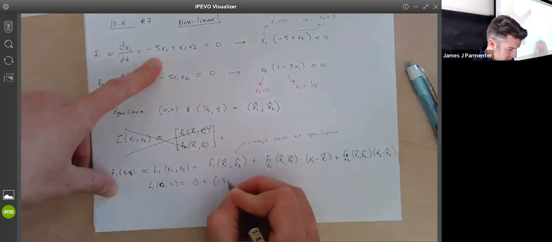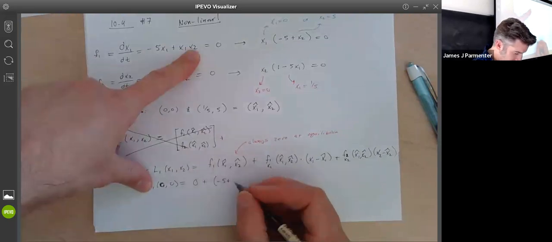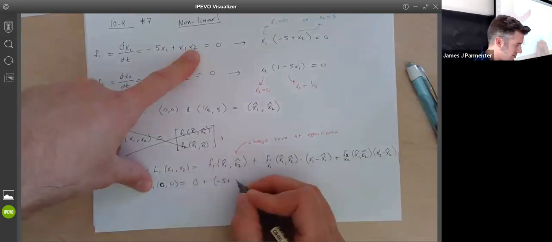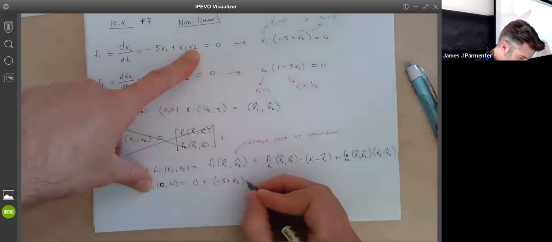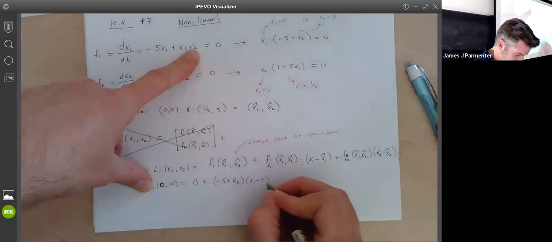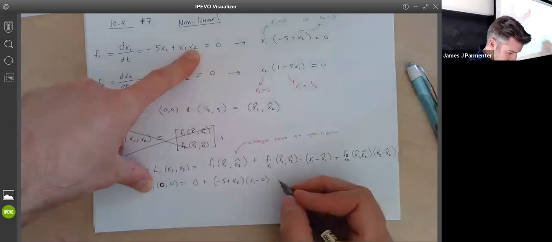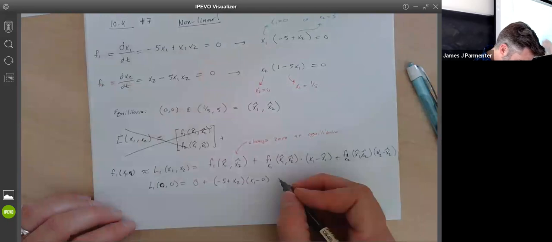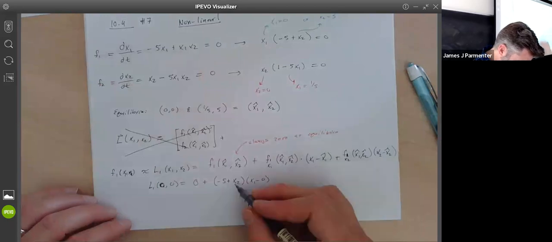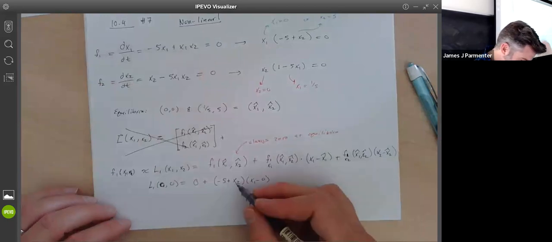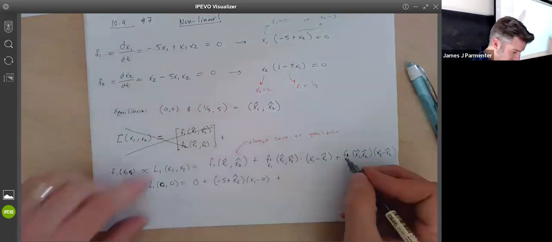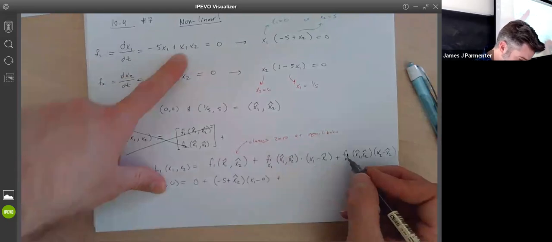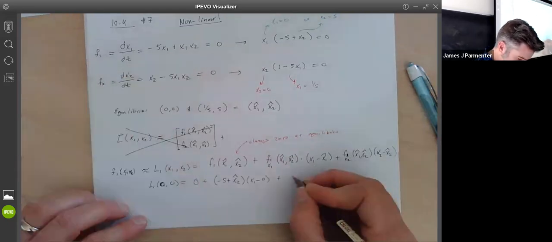So -5 plus x2, but we're plugging in 0 for x2. I should show my work a little bit. Times x1 minus 0. Plus the partial derivative of F1 with respect to x2, which is x1.